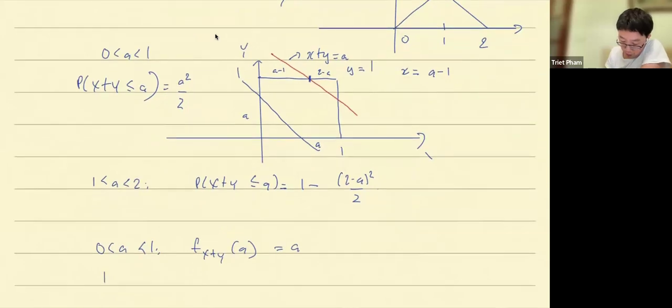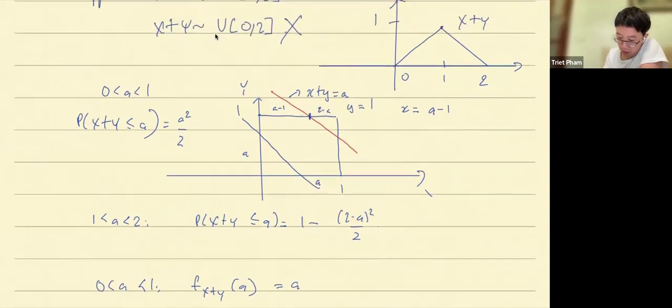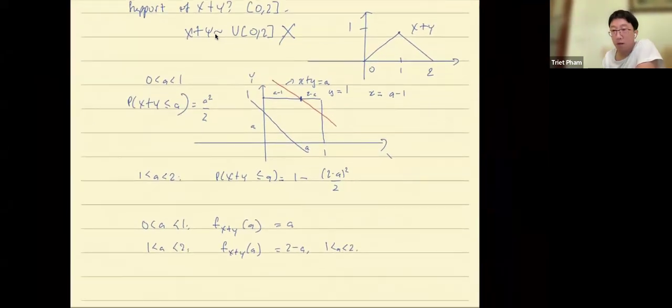But if a is between 1 and 2, the density will be, differentiating this with respect to a, bring down the 2, with the minus, bring it out, so 2 minus a, which is this part. So that's it. That's the density of the sum of 2 uniforms. Any question?